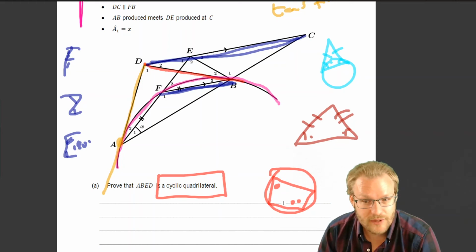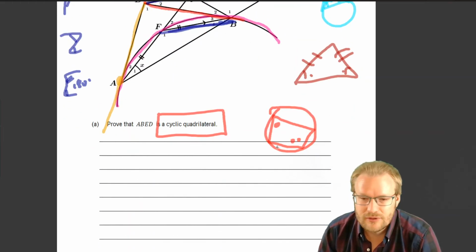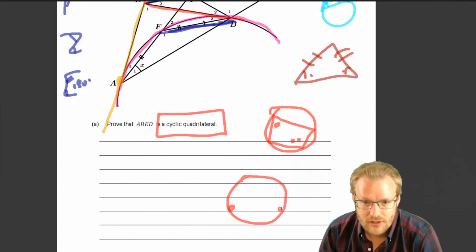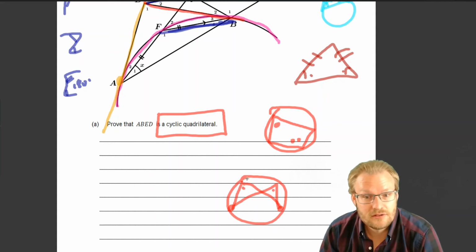Another way to do it might be to go, well, if something's a cyclic quadrilateral, then we also know we've used that if we had something like this, then angles in same segment. So that's great.